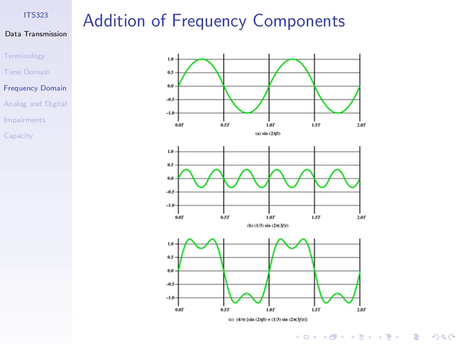Here are 2 component signals. If we add them together, we get this shape. It's no longer our simple sinusoid. We can see if you add them, okay, we have a peak here, plus here we have a negative value, and therefore in the middle we get slightly lower here. So adding these two together, we get this.